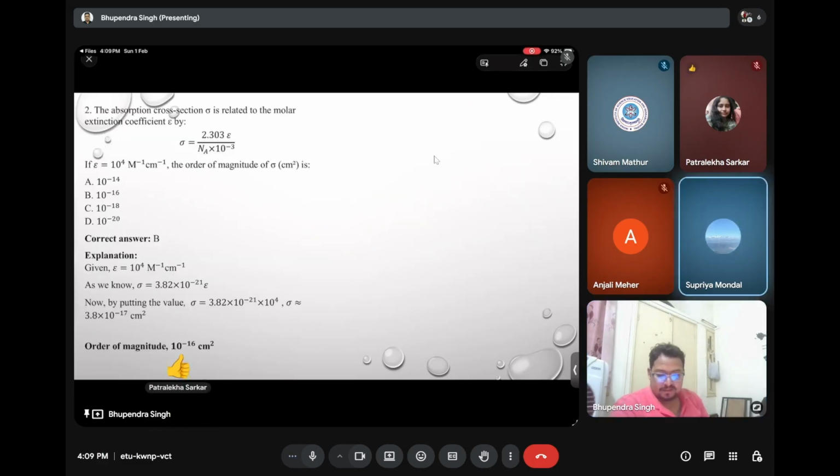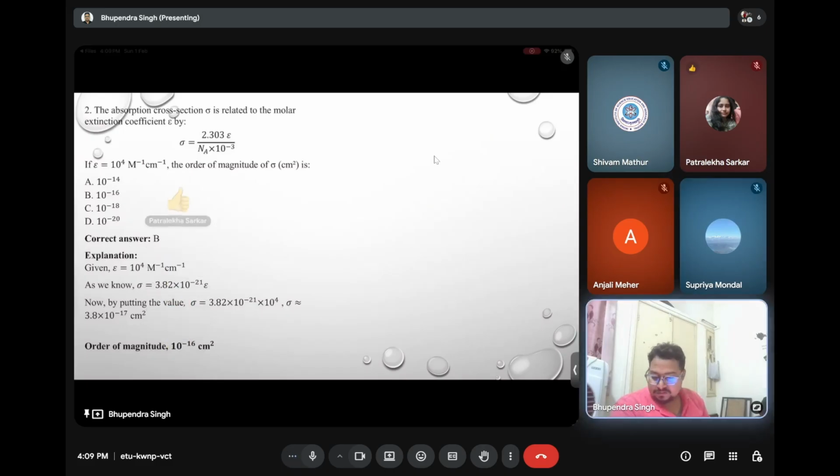Okay, moving on. The absorption cross section sigma is related to the molar extinction coefficient epsilon by this formula. In the assignment this was plus 3, if you have noticed.